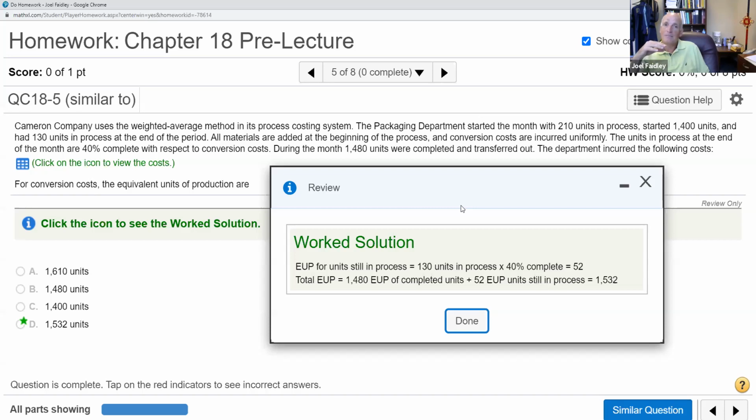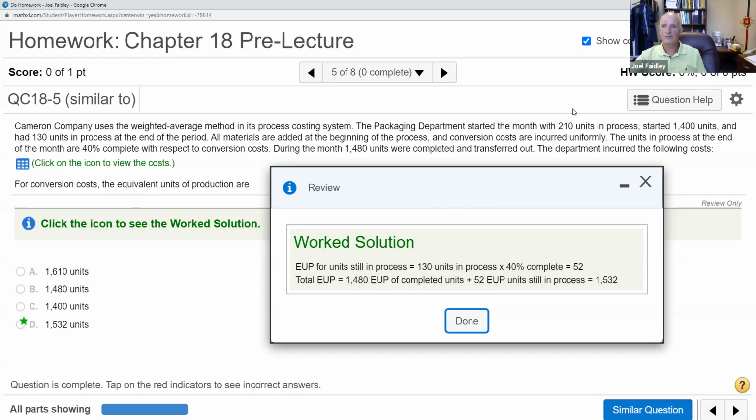So in reality, I've got 75% of that 10,000 cell phones that are complete from an equivalent unit standpoint. So in essence, instead of having 10,000 physical units there, I've got 7,500 units complete in regard to conversion cost. It's 100% complete from a material standpoint, but from a conversion cost standpoint, I've only got 7,500. And it's really theoretical in how we do that.